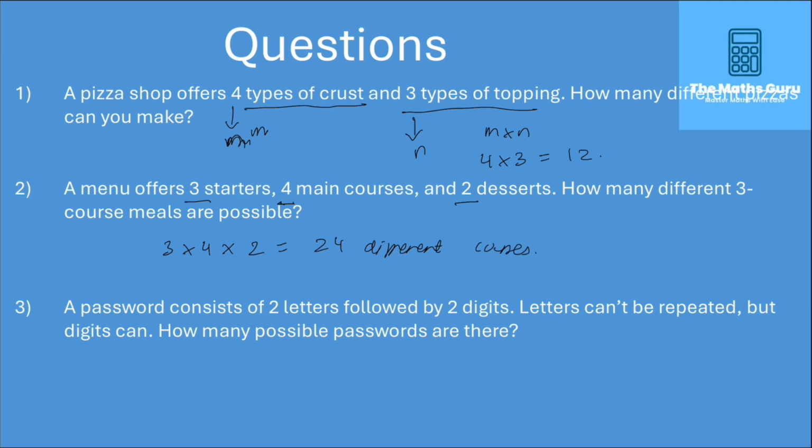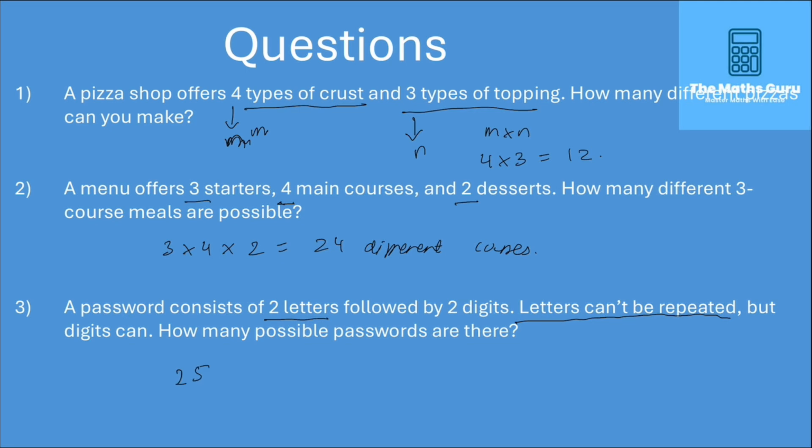A password consists of 2 letters followed by 2 digits. Letters can't be repeated, but digits can. How many possible passwords are there? Okay, this is an extra step that we have to think logically outside of the question. So we have a password, which, reading the question again, has 2 letters. And remember, letters cannot be repeated. In the first case, we have 25 letters to choose from the alphabet.